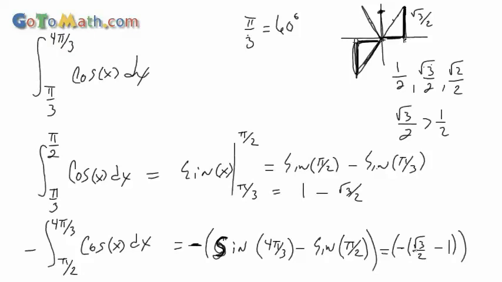I said it was negative and I didn't write a negative sign. There's supposed to be a negative in there. Okay, so we have this negative outside, negative square root of 3 over 2. Negative negative makes that positive, and then we distribute this across, and that makes that a positive 1. So we end up with the square root of 3 over 2 plus 1.